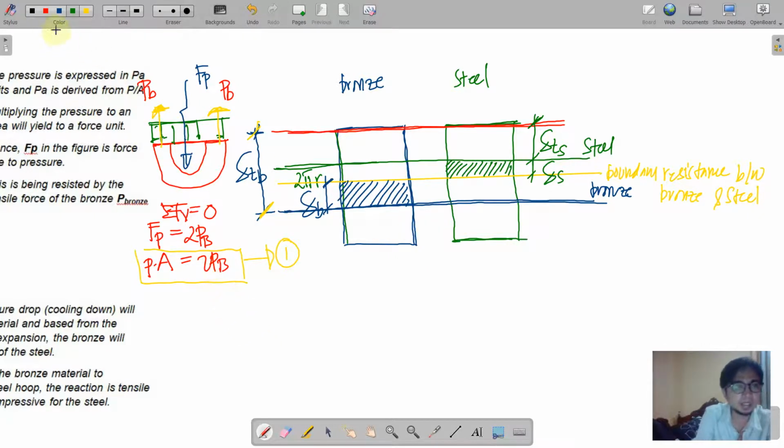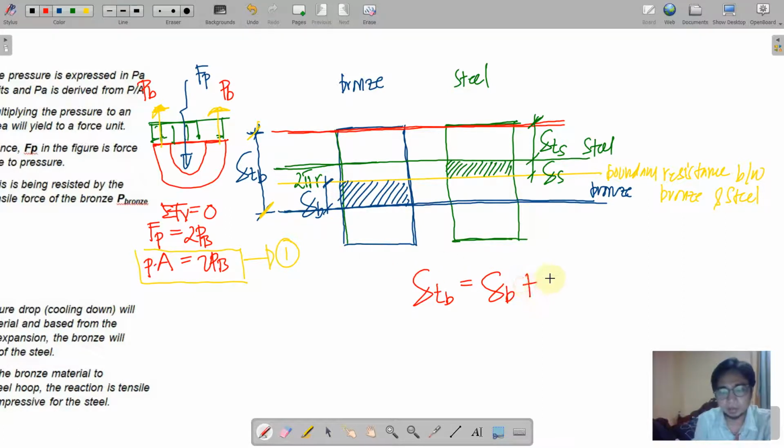So by that, we can now write the equation out of this. On the left portion, we just add that one. What will be the relationship? Delta due to temperature of bronze, okay, this one, is equal to this one, delta of bronze due to tension, right?